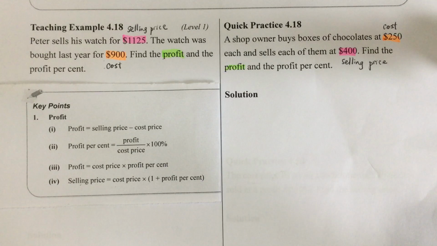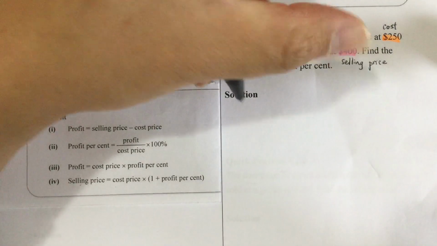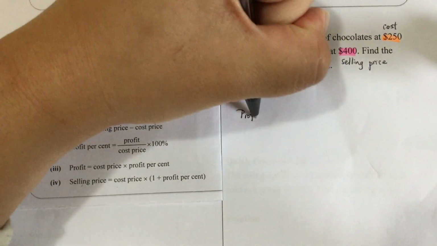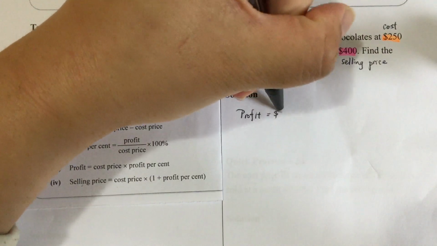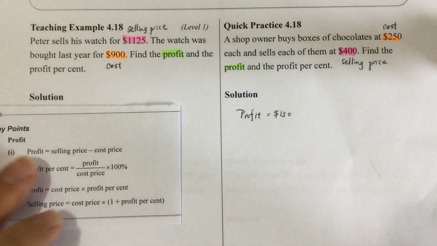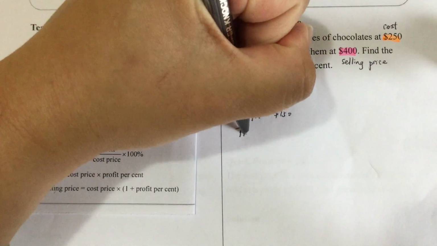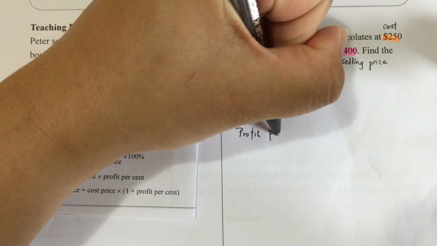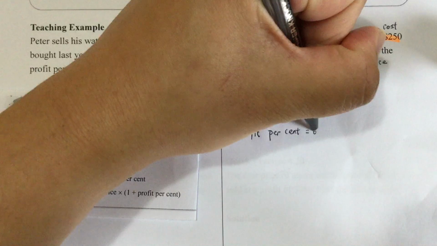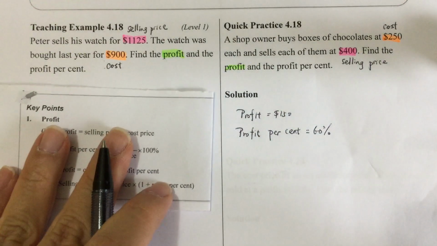Okay, now I give you 10 more seconds. If you cannot finish this, please pause the video now. And now the answer for this one is that the profit you have is $150, and then the profit percent is 60%. So make sure that you know the answer.